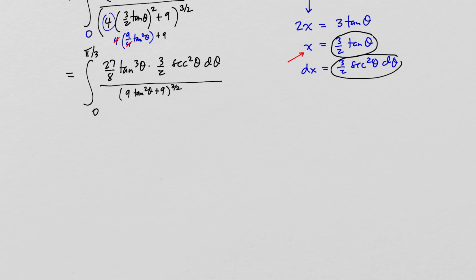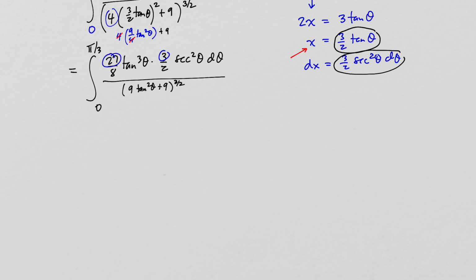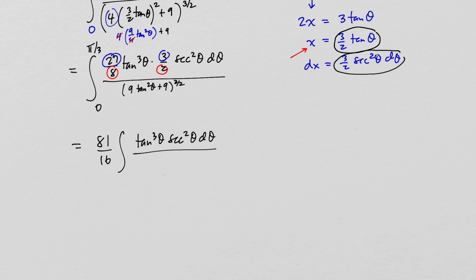All right, let's continue to simplify. 27 times 3 is 81. Let's pull that out of the integral. 8 times 2 is 16. Let's pull that out of the integral. We have tangent cubed theta secant squared theta d theta. And in the denominator here, we have 9 times tangent squared of theta plus 1, quantity to the 3/2.